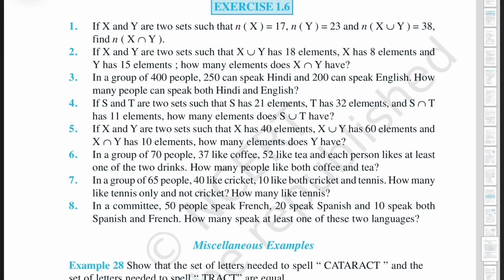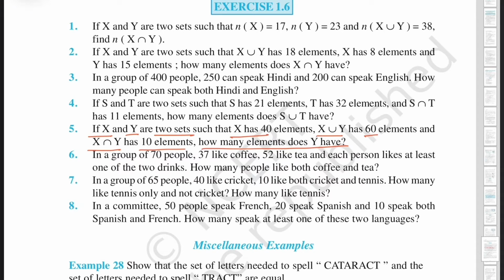So now the next question is 5. If X and Y are two sets such that X has 40 elements, X union Y has 60 elements, and X intersection Y has 10 elements, then how many elements does Y have?